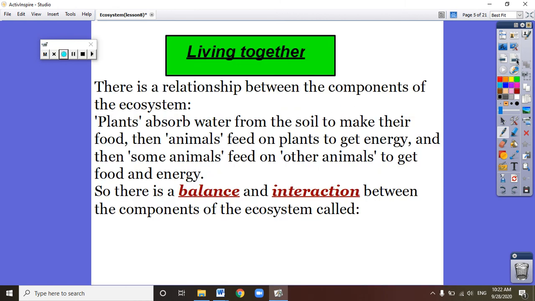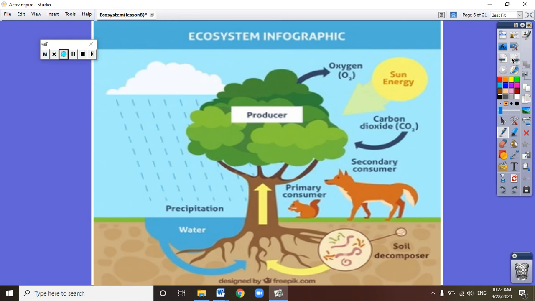Now we must identify the relation between the living organisms and the non-living things in the ecosystem. The ecosystem has its own system. What is the meaning of that? As you can see here, I have the living organisms like the plants, what else? Rabbits and fox.